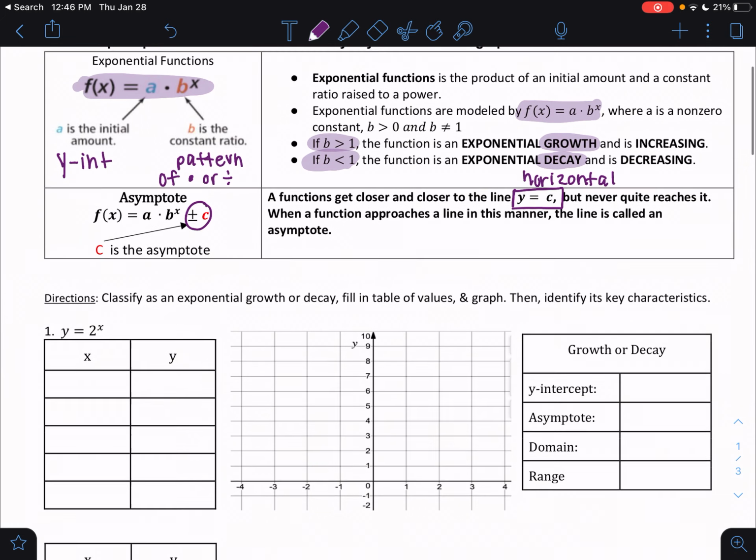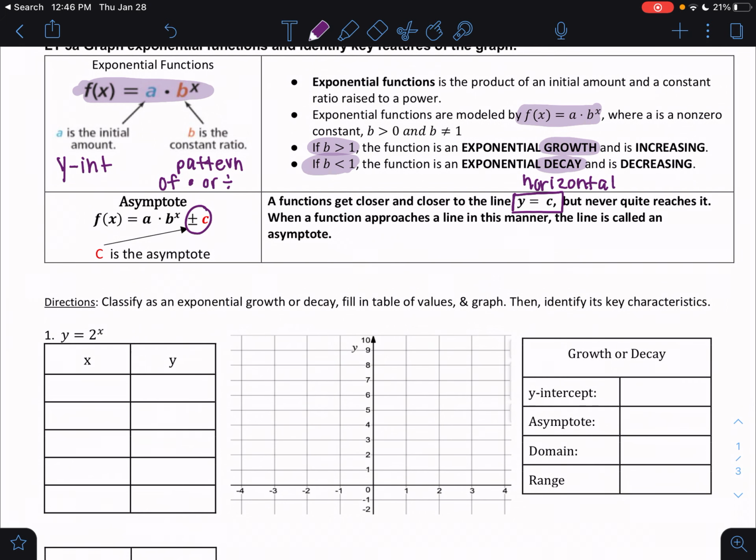So let's take all of that and apply it to an example so it can make a little bit more sense. We need to classify it as growth or decay, fill in the table of values, and graph it. Then we're going to identify its key characteristics. Here we have y equals 2 to the x. If you want to get out a graphing calculator or use something like Desmos, type this in and see what it looks like.